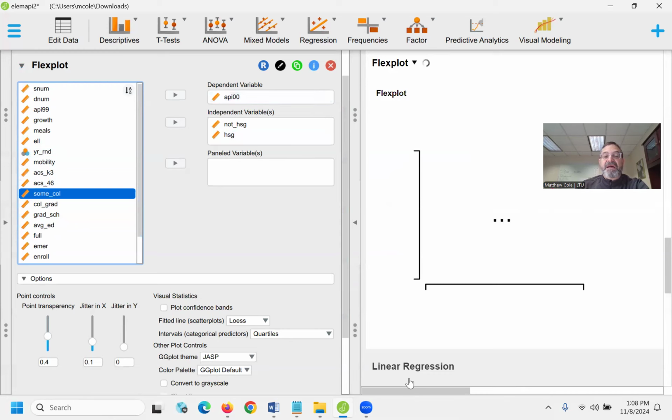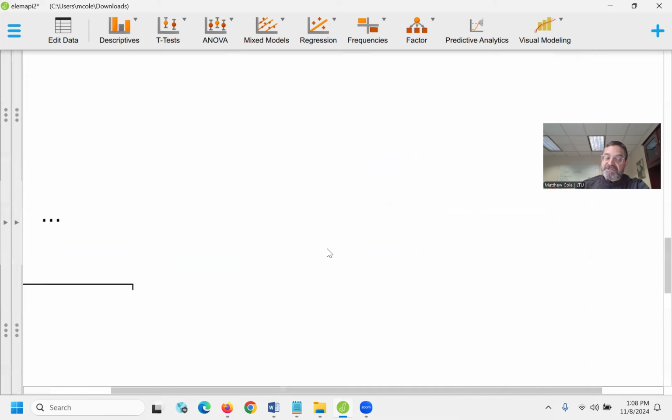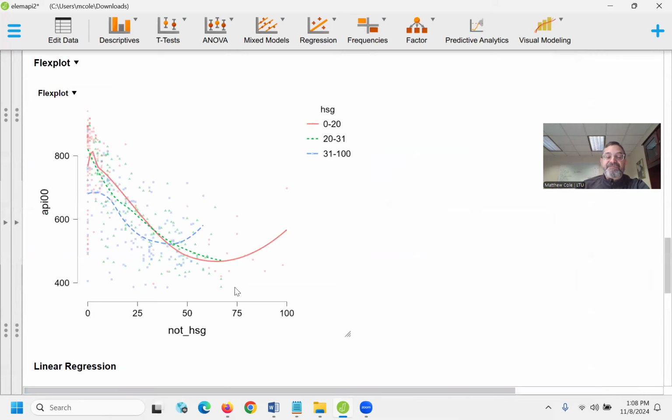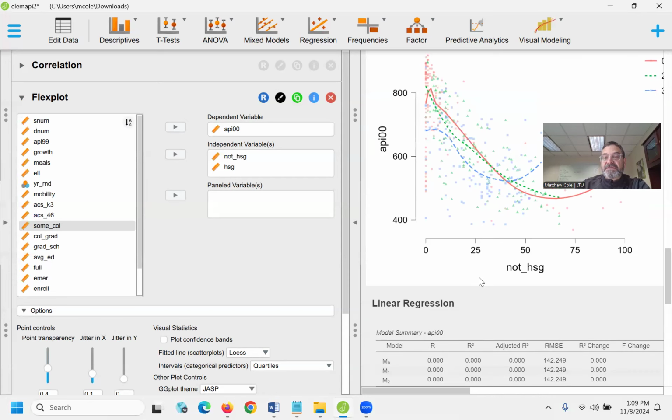Flex plot gives us some helpful information, but doesn't give us the full way of modeling all of the interactions. And that's one of the challenges of regression, how to model all of this.